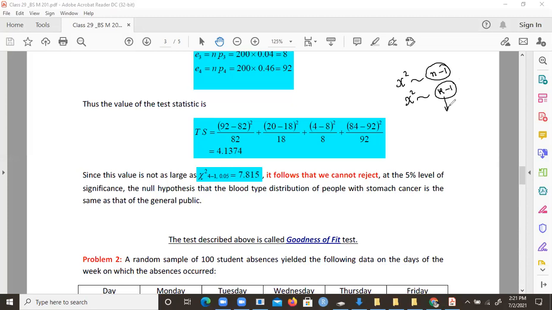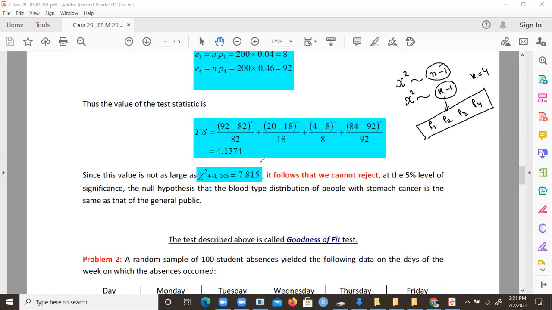K is something different. K is the number of variables that are present in the null hypothesis. How many variables are present? 4 variables: capital P1, capital P2, capital P3, and capital P4. So your K should be equal to 4 and not 200. Remember this. Therefore, in the theory, in the definition, k-1 is mentioned. K and n are not the same.